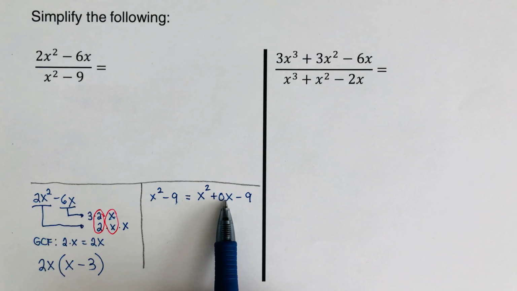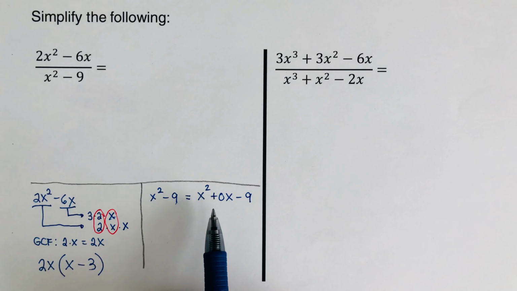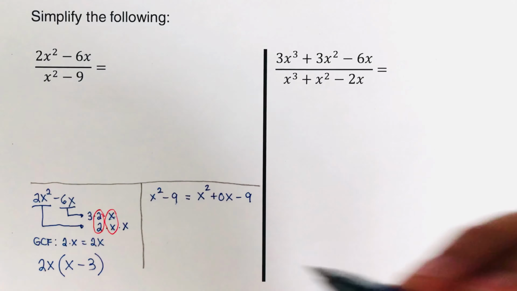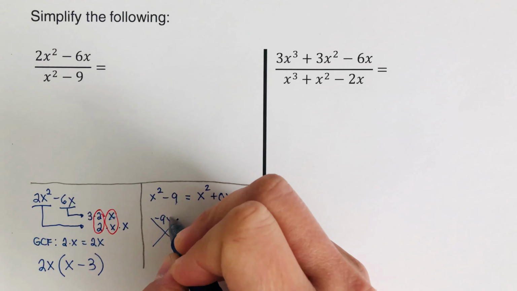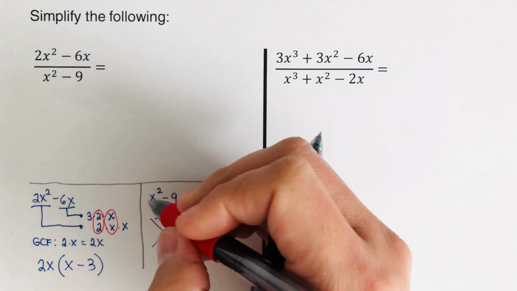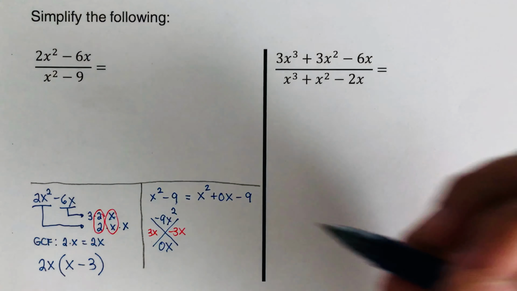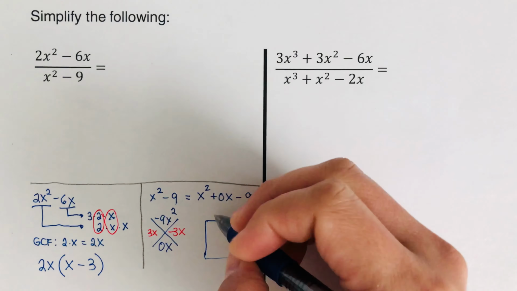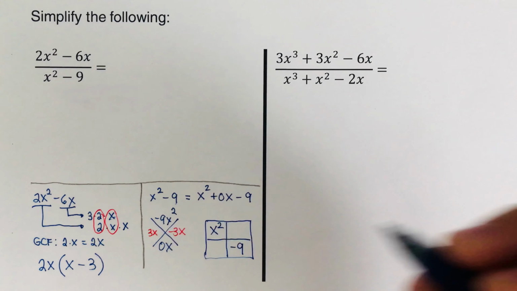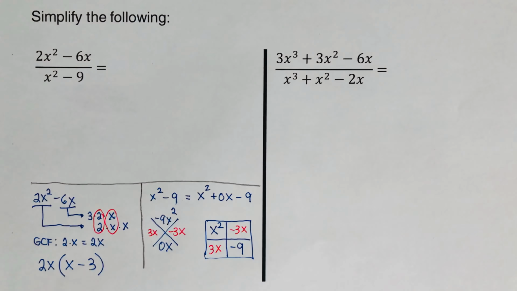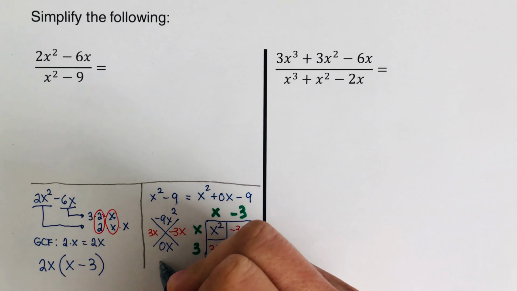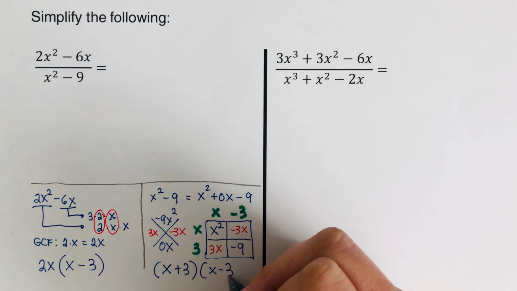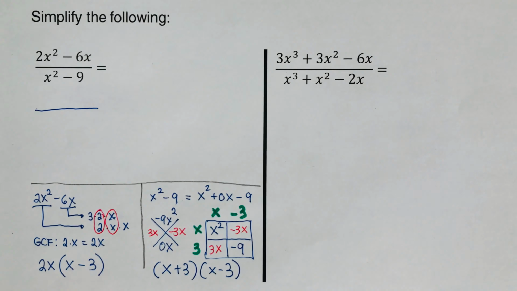If we add 0, it doesn't really matter, but we will add the 0x as a placeholder so that we can go ahead and proceed with the box and diamond. Okay, so I've factored them out, so I can go ahead and write that up here.